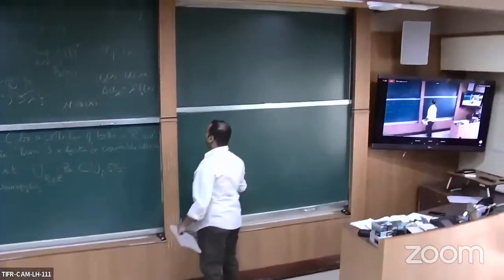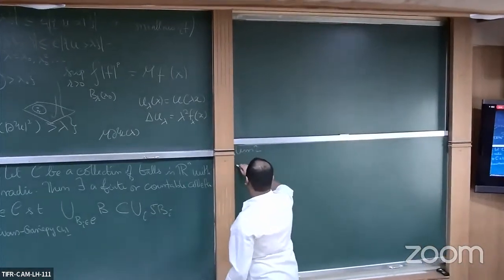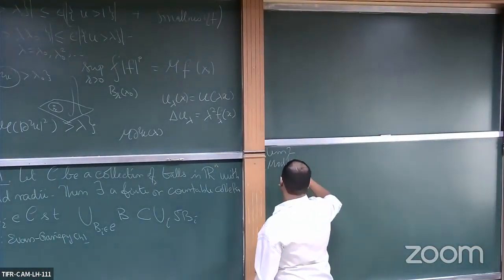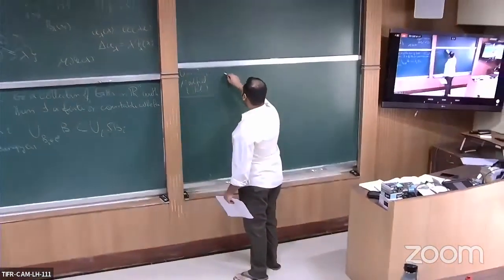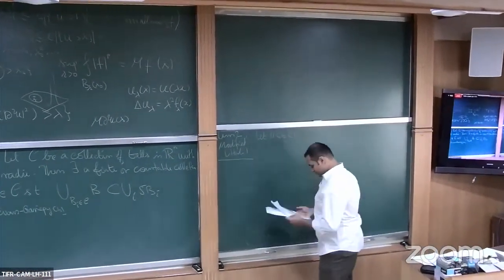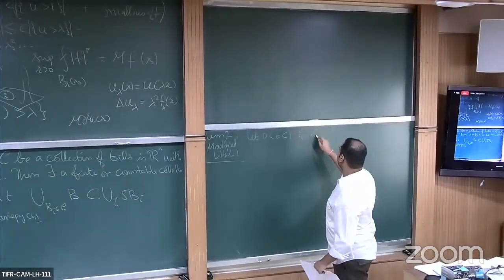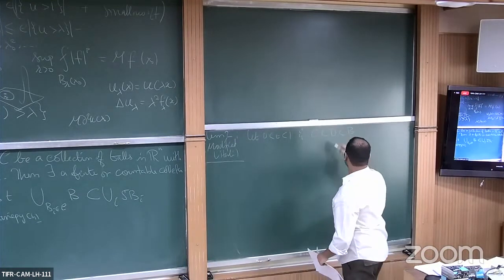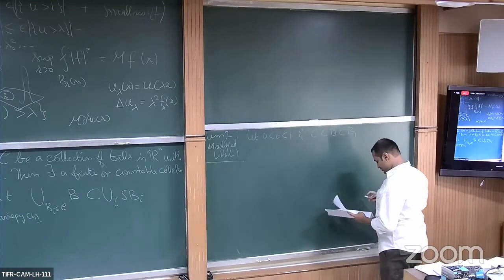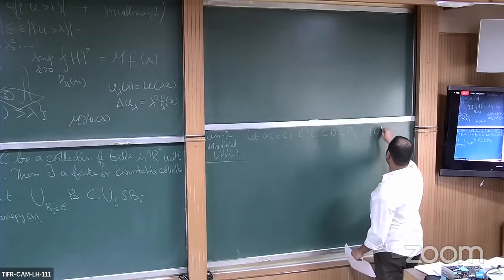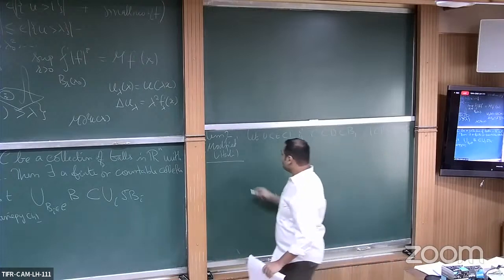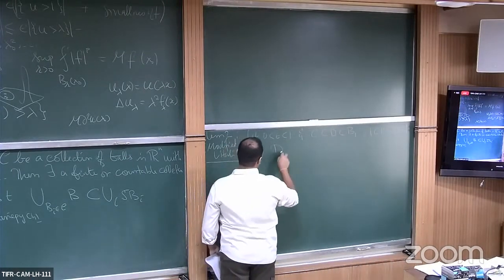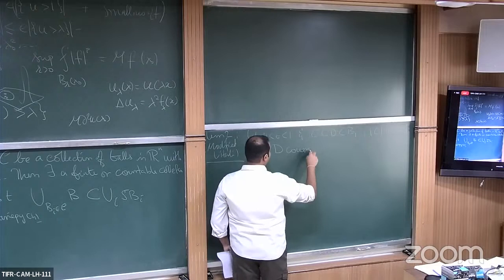So let's start this demo. You choose a density, and let's say B covers C in B, and C is small in B, such that B covers C in density.